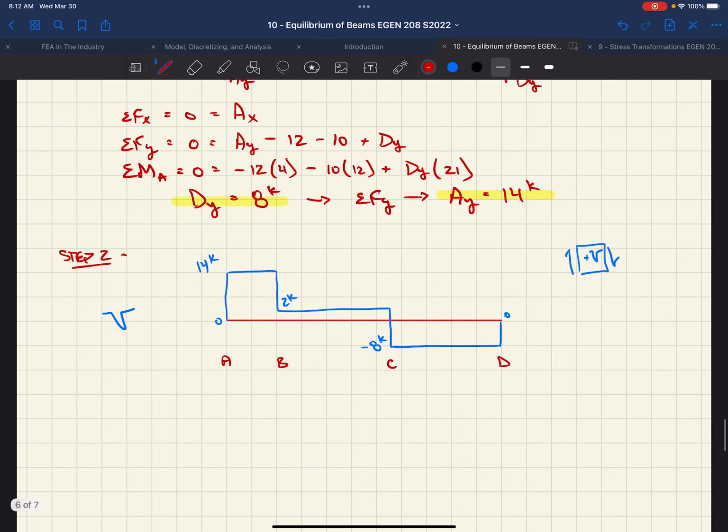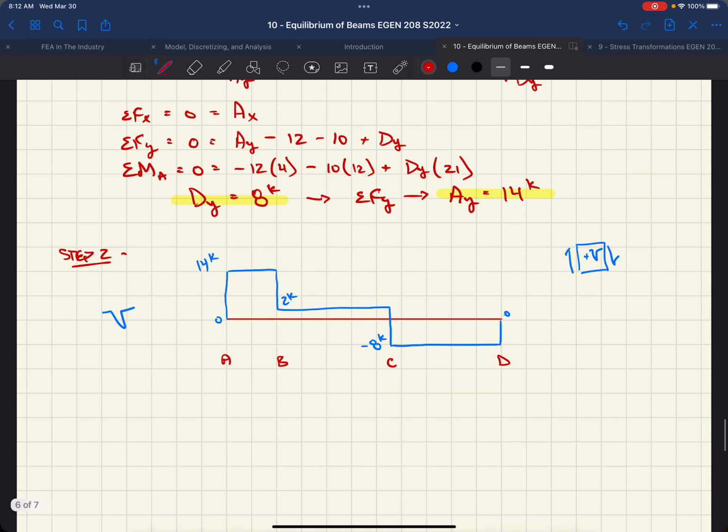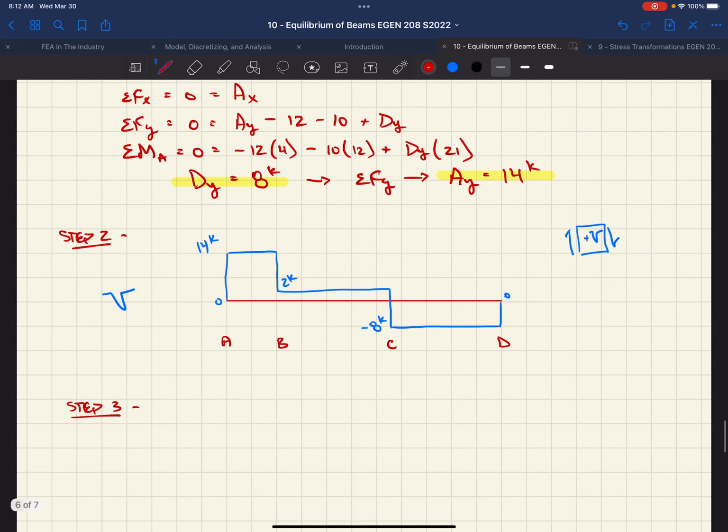Right. Step 3. Looking for points of maximum and minimum moment. Any ideas where that point might be, or points?